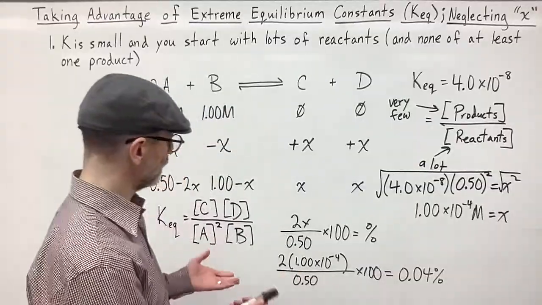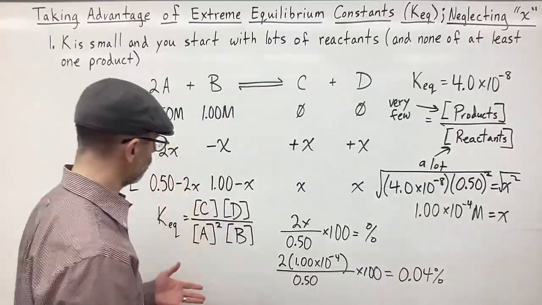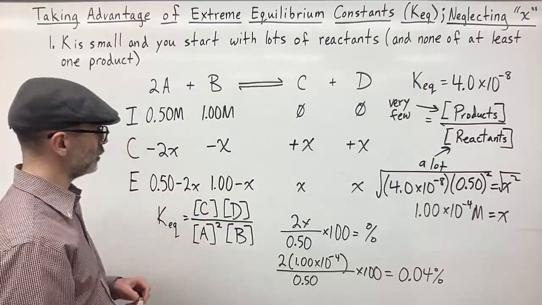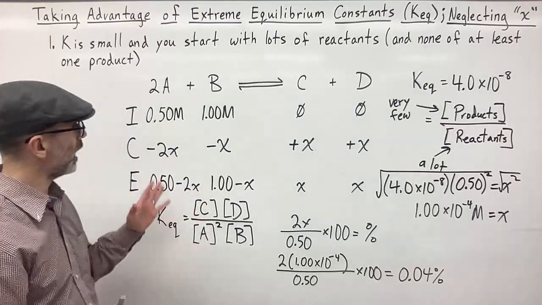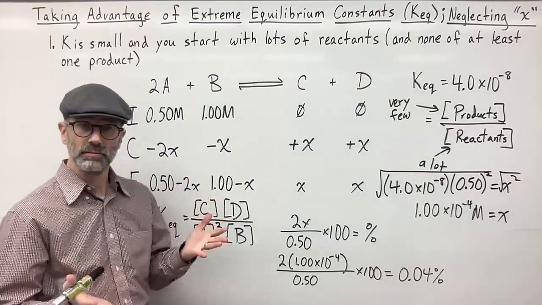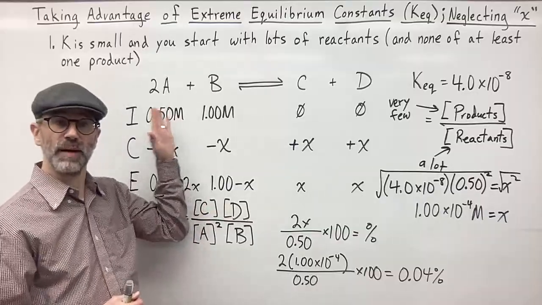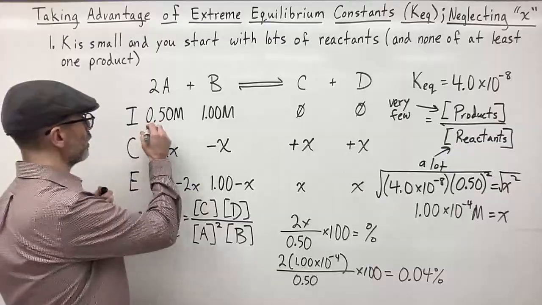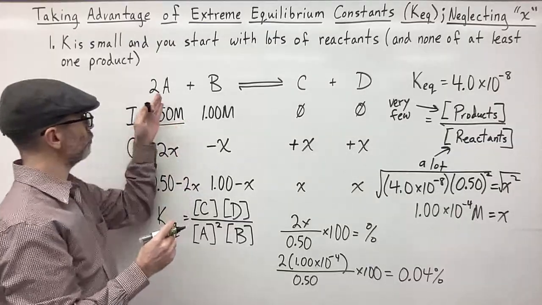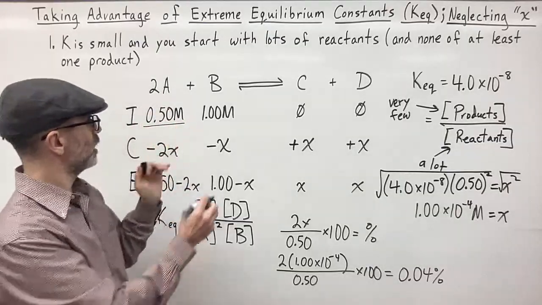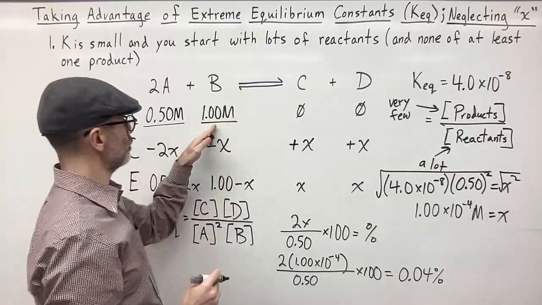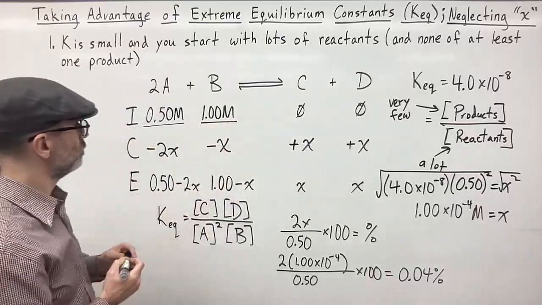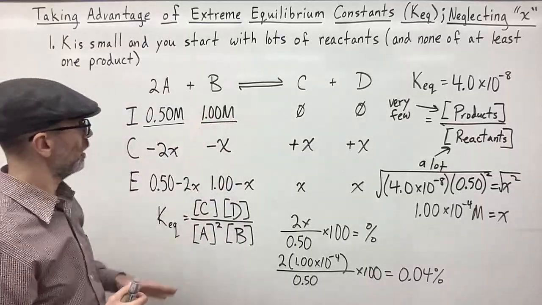Now we can state that at equilibrium, the concentrations of my reactants and products are going to be 0.50 molar for A and 1.00 molar for B. Why?